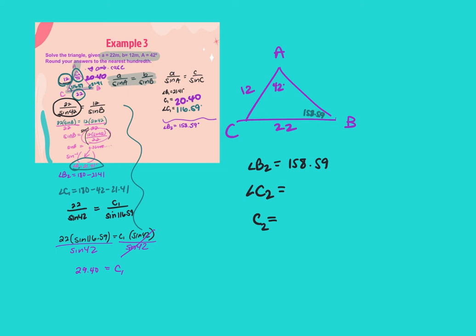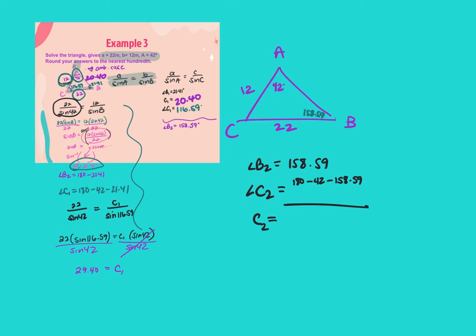Now, this next step is how I know whether or not there's a second triangle. I'm still not sure. The way you find out is when I go to find the third angle in the second triangle, I'm going to have to do 180 minus angle A, which is the one they give me, 42, minus B2, 158.59. If what I get from that is positive, then there's a second triangle and I continue.